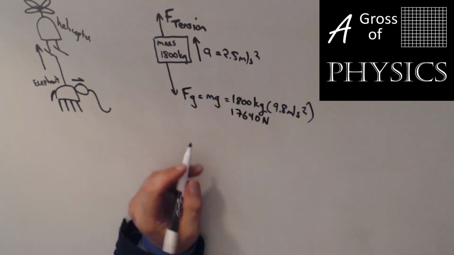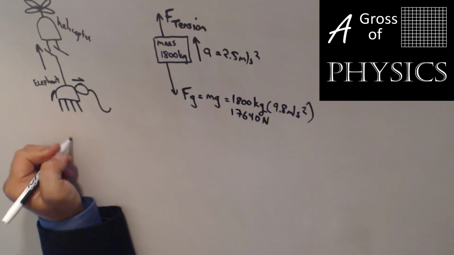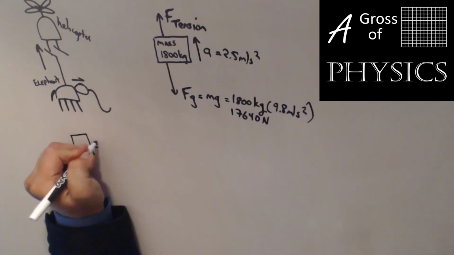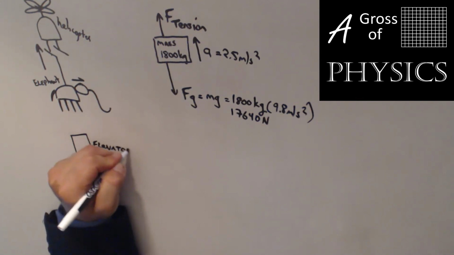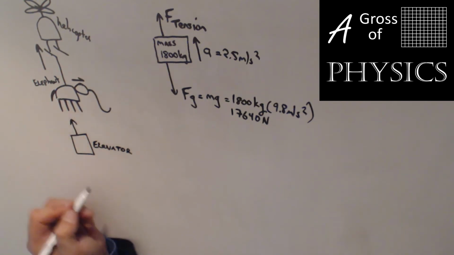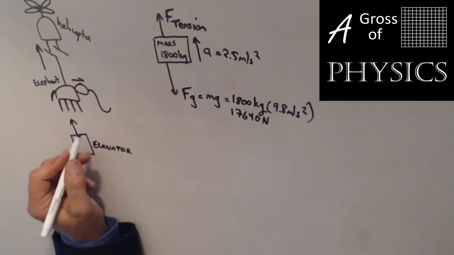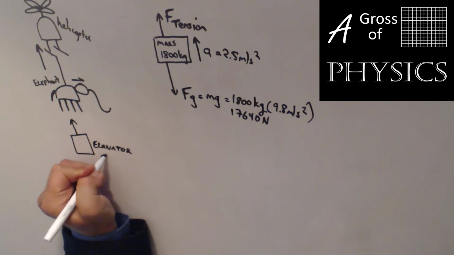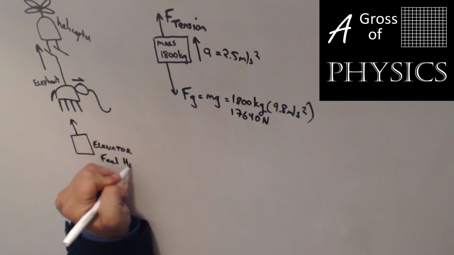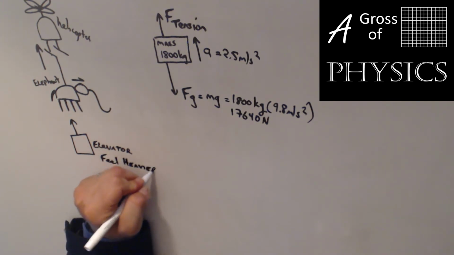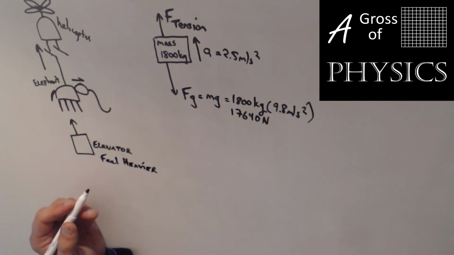It's no different than if you're traveling in an elevator and you accelerate upward. When you accelerate upward, you feel heavier. If you were standing on a scale, you would actually read a bigger value.